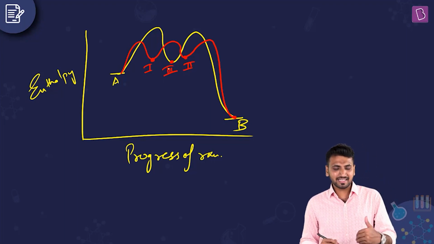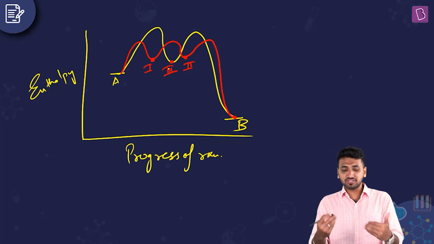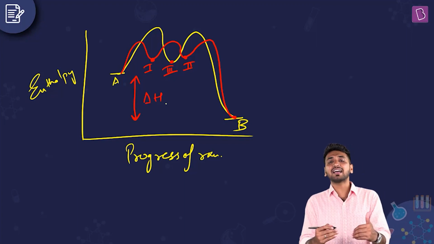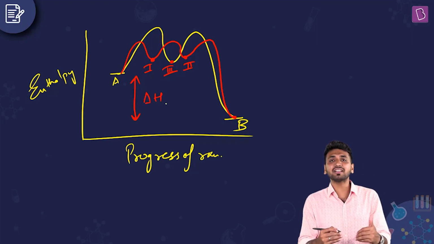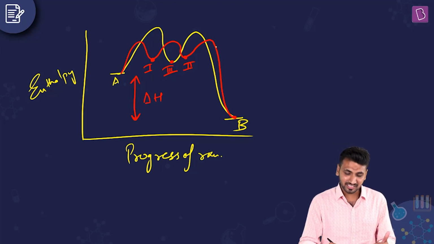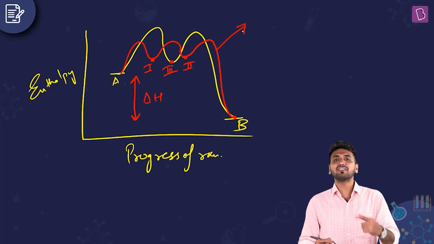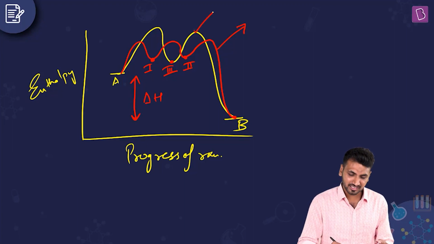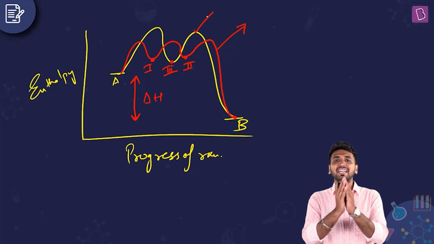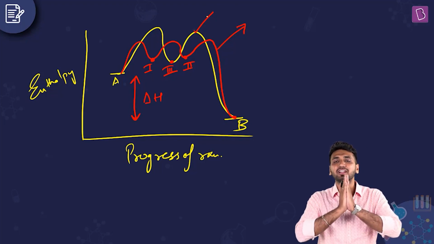So what is the enthalpy change in this? The enthalpy change is going to be this value, delta H, and this value is independent of the fact that we have two intermediates, that is the red mechanism, or only one intermediate, that is the yellow mechanism. Enthalpy change is independent of the intermediates, independent of the path.